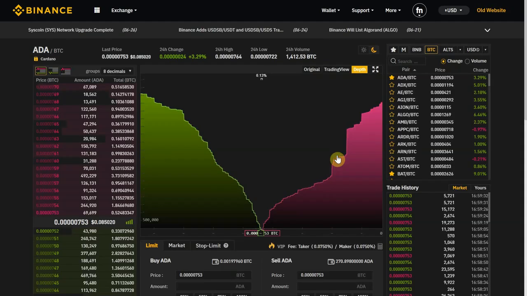So if I wanted to make things smoother, or make my order fill a little before some of the volume here, I would simply move it a little bit lower, and I wouldn't have to wait for this section here to be cleared. Can be confusing.